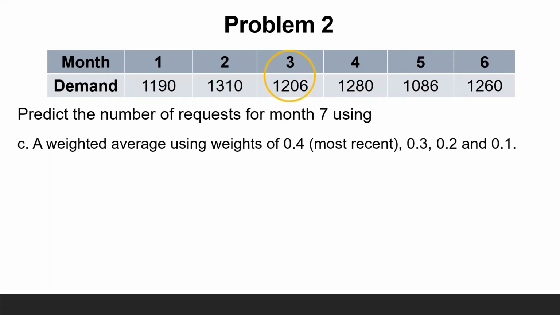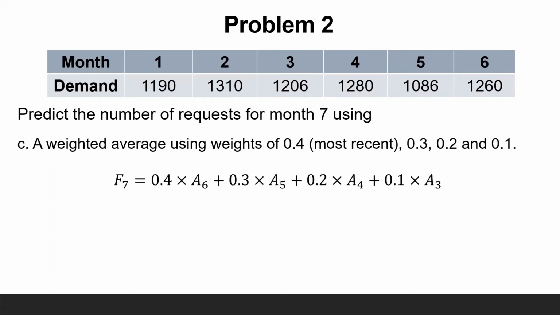So, F7 equals 0.4 multiplied by A6 plus 0.3 multiplied by A5 plus 0.2 multiplied by A4 plus 0.1 multiplied by A3.